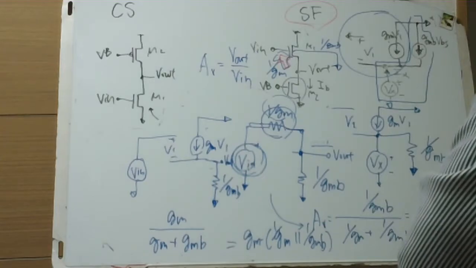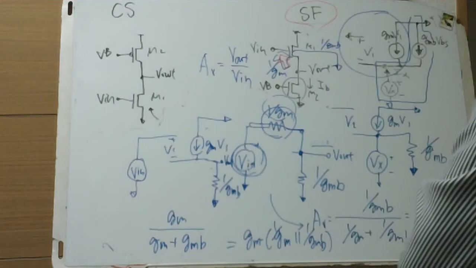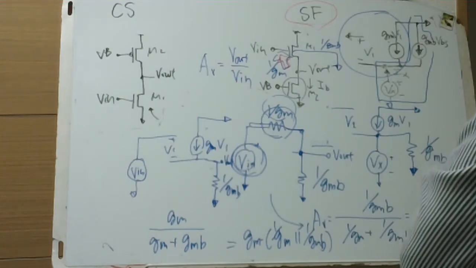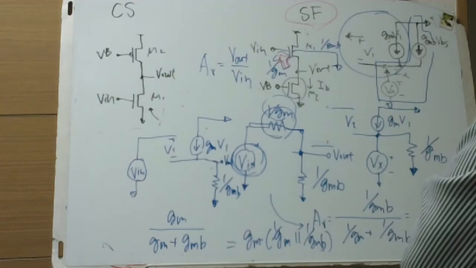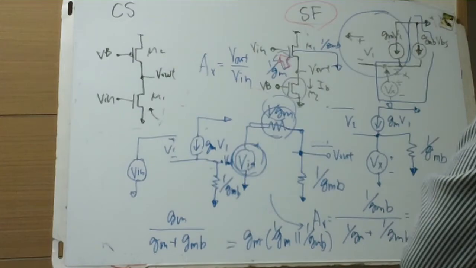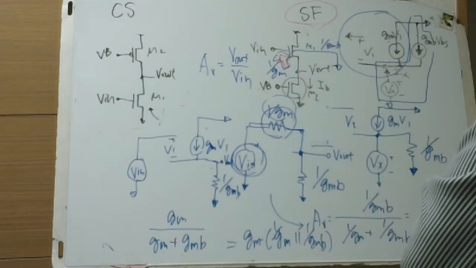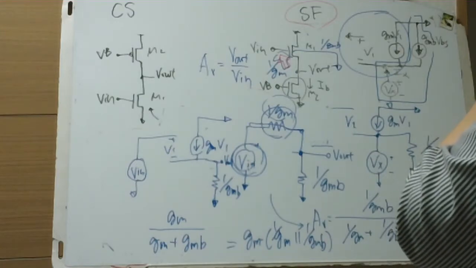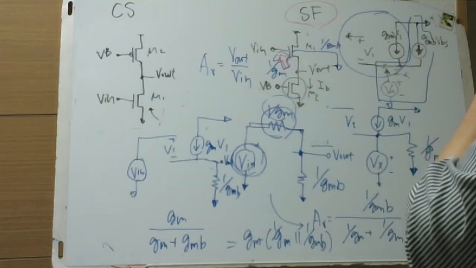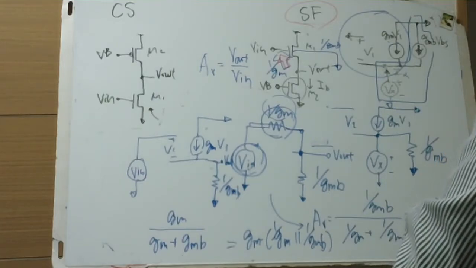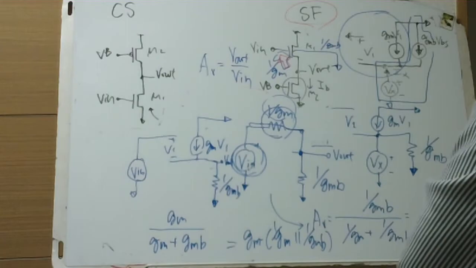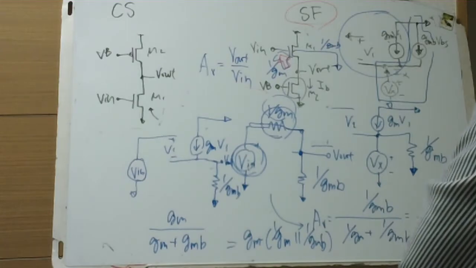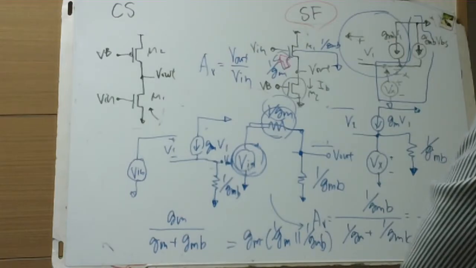V1, gate-to-source voltage. Yeah, of course. V1 gives Gm V1 or Gmb Vbs, and V1 is applied from V in. So I was, and I am, confused.